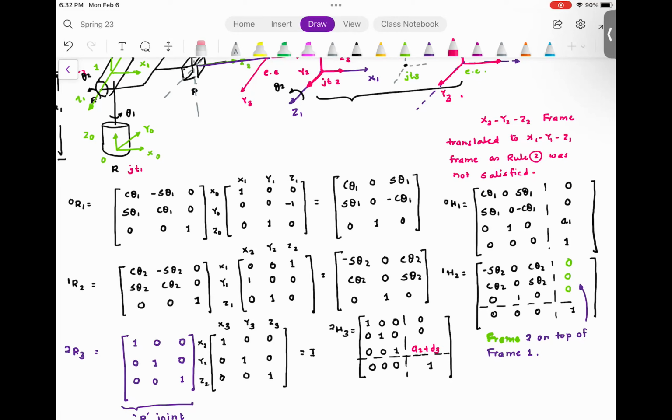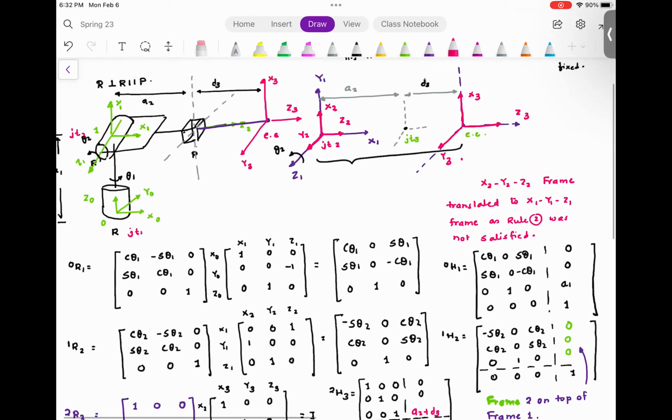So it is on top of it, but it has relative rotation. Does it make sense? But then, wouldn't there be some distance associated? There is no distance because the origin of x2, y2 and z2 coincides with the origin of x1, y1 and z1. So there is no distance, but there is relative rotation.